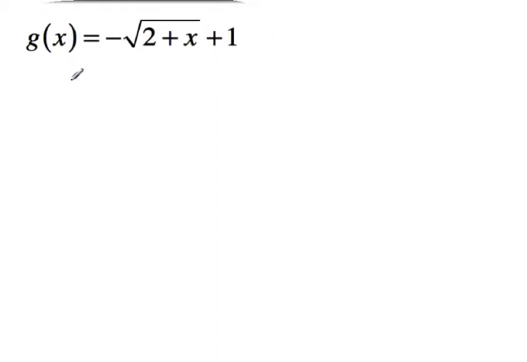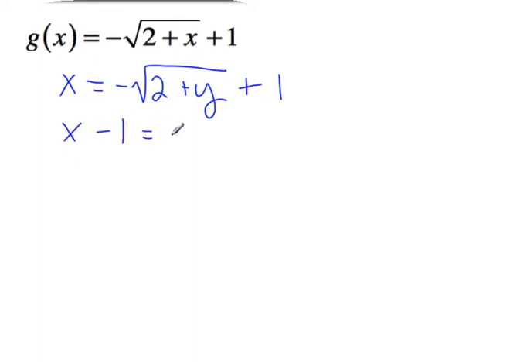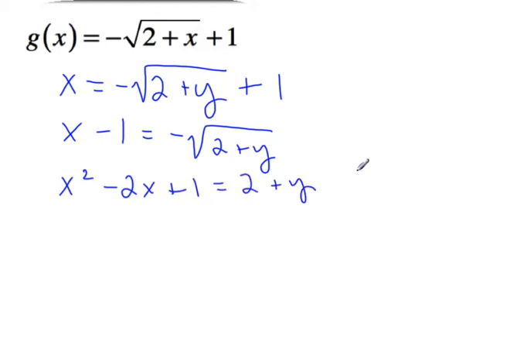I'm going to change my x's and y's. And I'm going to solve for y. So we're going to subtract 1 from both sides. And then we're going to square both sides. When I square both sides, I get x squared minus 2x plus 1 equals 2 plus y.